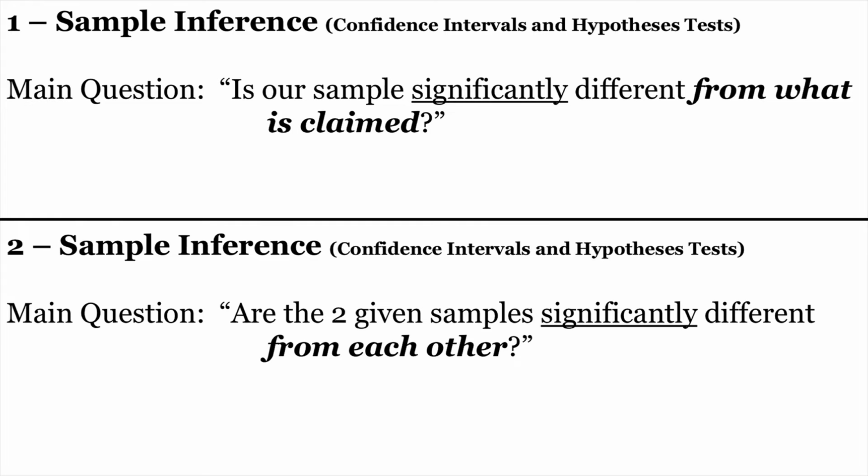Okay? So you're just comparing the samples. That's it. Okay? So our null hypothesis is always going to be the samples are exactly the same. There is no difference. No change, no difference. They equal each other. And then either it's going to be one population is bigger than the other, one population is smaller than the other, or they're just different. Okay?